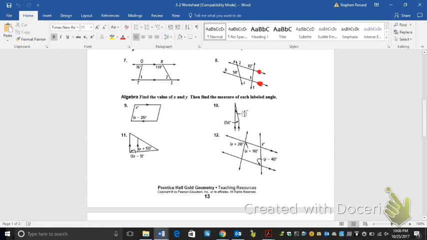So 8, we have 2 parallel lines there, and then we have 2 transversals. Okay? So keep in mind that they're not always necessarily going to transfer across. So we have those 2 parallel lines crossed by 2 transversals. So we have that 58 degrees, and we want to know, okay, what is congruent to 58 degrees?